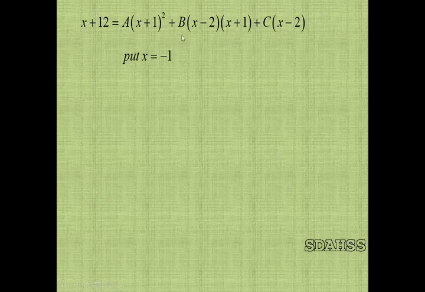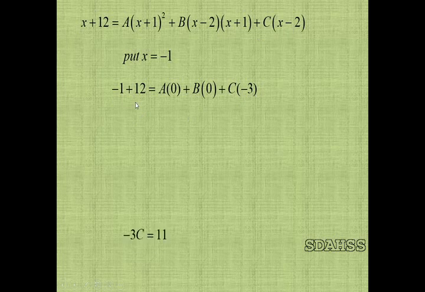Substitute x is equal to minus 1 in this equation, so it becomes minus 1 plus 12 is equal to, now the first term fully vanishes, since minus 1 plus 1 is 0, so the a term vanishes, and similarly the b term also vanishes. So remaining you have c into minus 1 minus 2, which is minus 3. Minus 1 plus 12 means 11, so 11 is equal to minus 3c. So c is equal to minus 11 by 3. Now we got another alphabet value.